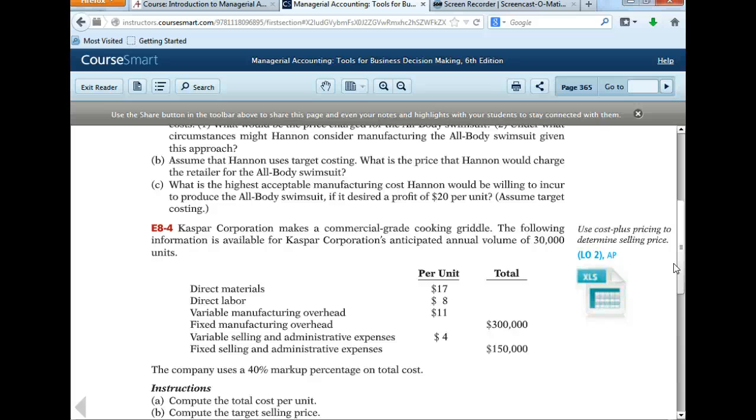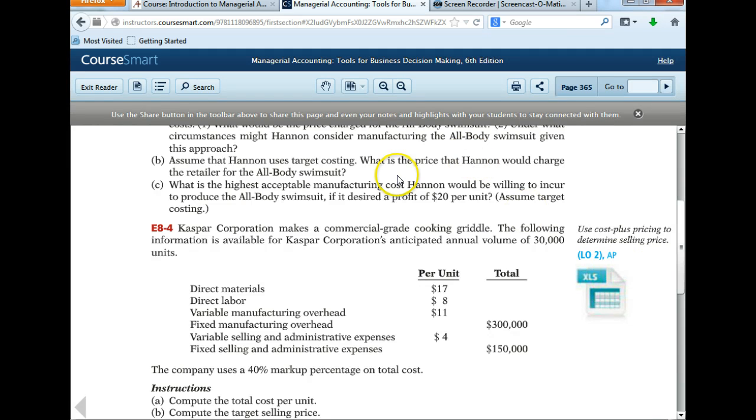What's the going rate to sell it for? The going rate's $100. Remember how they said that's what they think it's going to sell for? We would have to sell it for $100 if we're doing target costing.